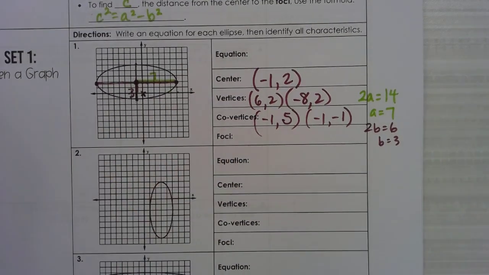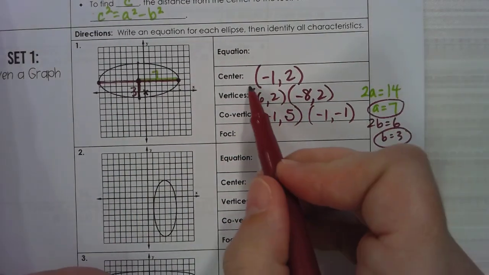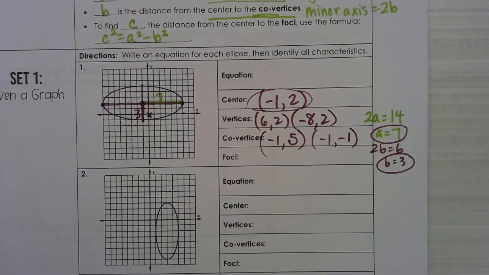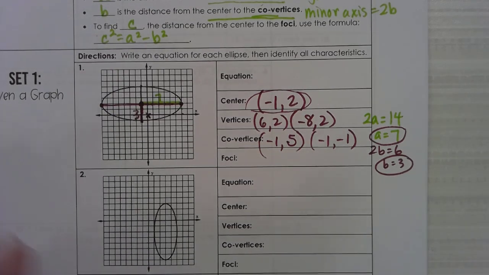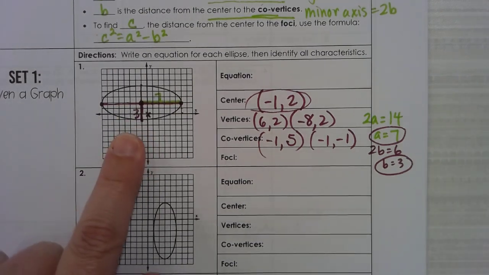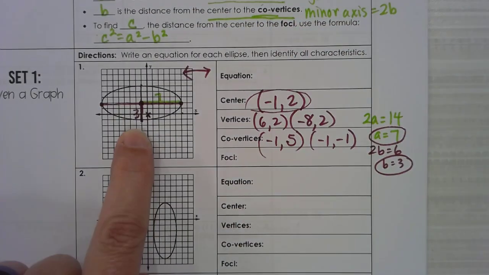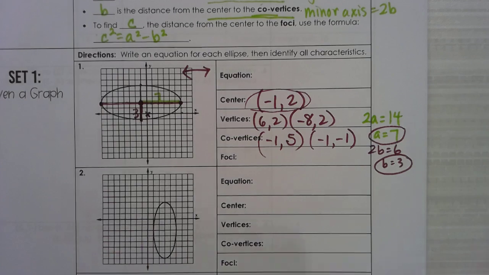So we know that a is 7, we know that b is 3, and we know our center. So we can take those three things and write our equation. The last thing we need to know is which direction is this going? Does it go longer along the x-axis or longer on the y-axis? You can see it in the picture, right? It looks like Stewie's head, it goes sideways. So the bigger number, a squared, is going to go under our x.